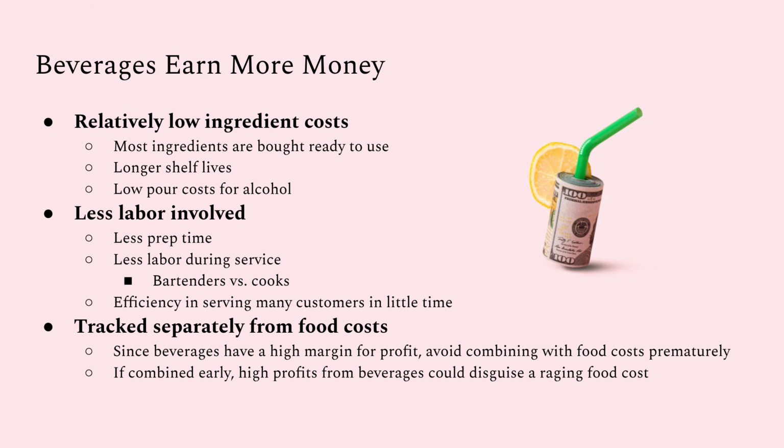So if you combine them prematurely, you're going to run the risk of masking any hemorrhaging that a food cost might be having on a business, meaning there is a really, really high food cost, but when you combine it with the beverage sales and costs, it kind of averages out, and then you don't really notice what's going on unless you have taken a further look into it. So do keep these costs separate.